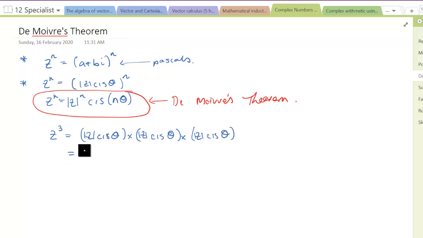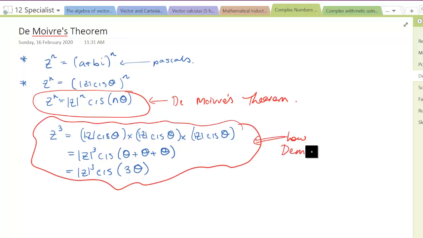That would be the modulus multiplied by itself 3 times. And with multiplication in polar form, we add the arguments, so it would be the argument plus the argument plus the argument, and you can see quite clearly there that that would be modulus to the power of 3 cis 3 times the angle. That just shows us how De Moivre's works, but for us, we'll just be applying what we've got highlighted as the rule above.